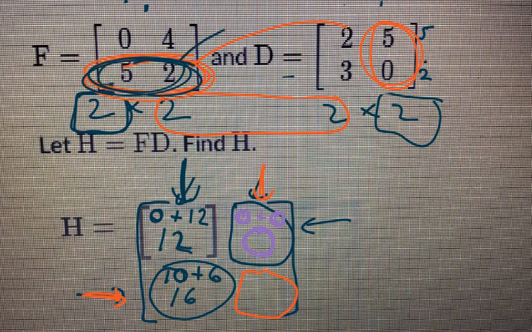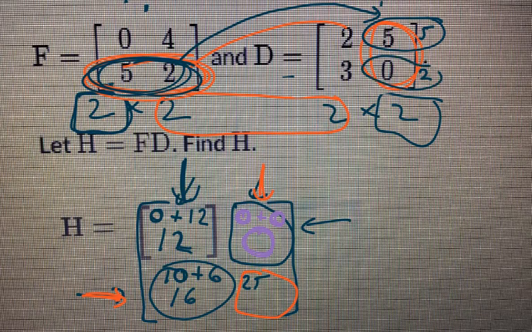I just took this, moved it over here, rotated it down. So my answer is 5 times 5, 25. 0 times 2 is, oh, sorry, 0. If I add them together, 25 plus 0 is 25. So guys, there is my resulting 2 by 2 matrix.